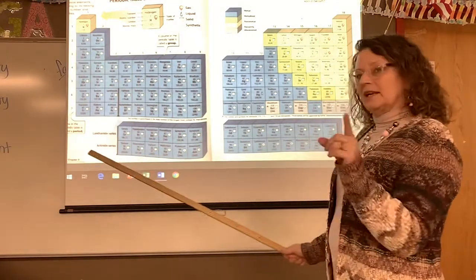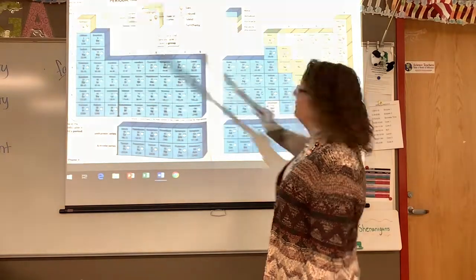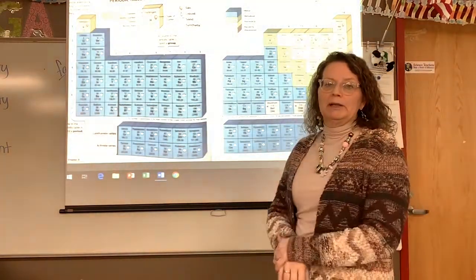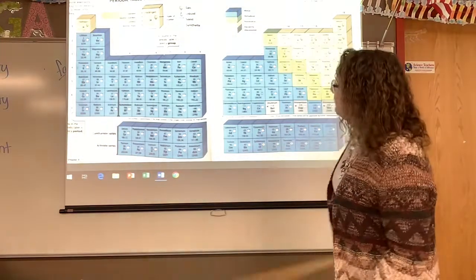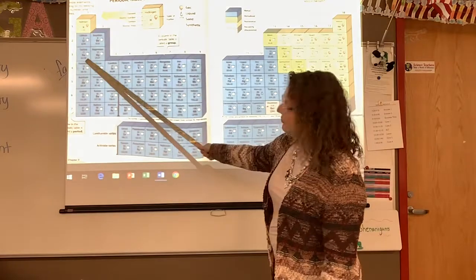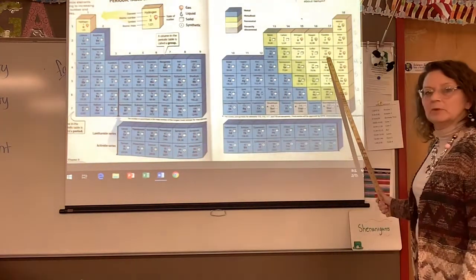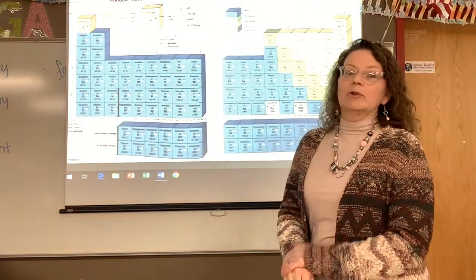For example, if you take an alkali metal and mix it with a halogen, you get a really super good bond. I have an example of one that you know. If I take sodium from group 1 and I mix it with chlorine from group 17, I get sodium chloride. It's a really strong bond.